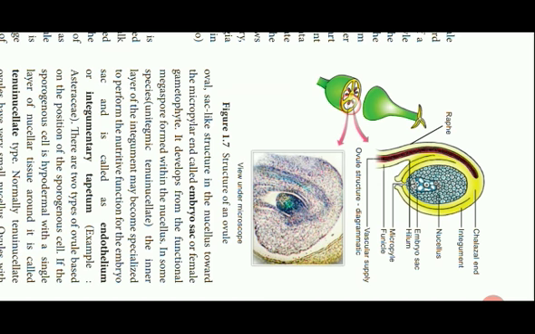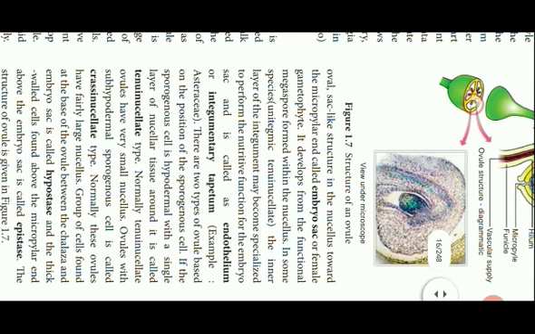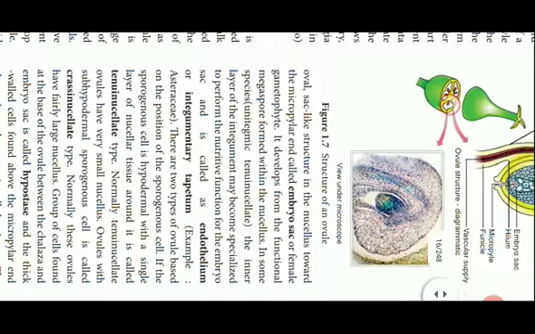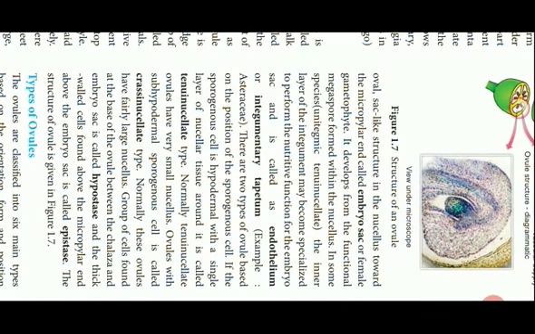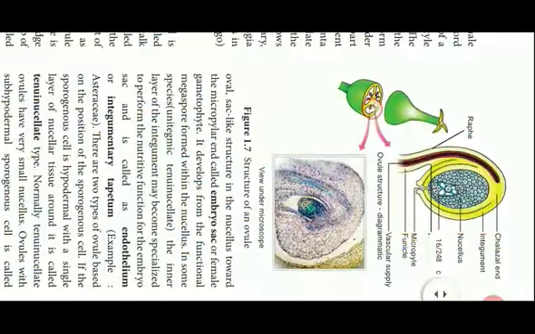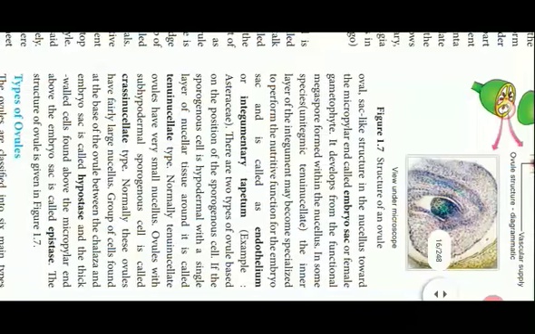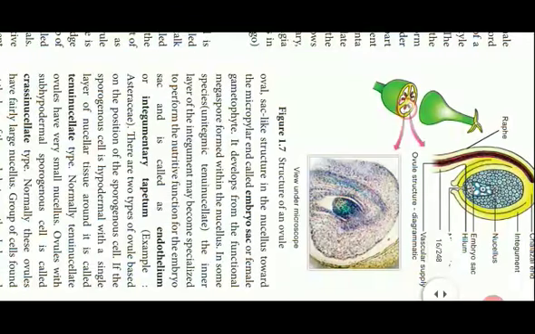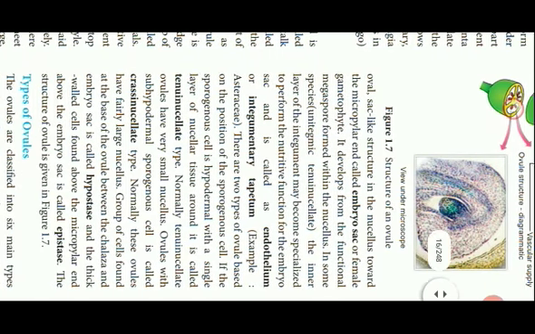At the base of the ovule, between the chalaza and the embryo sac, the group of cells is called hypostase. Chalaza is here and the embryo sac is here. The thick-walled cells found above the micropyle and the embryo sac, between the micropyle and the embryo sac, are called epistase.